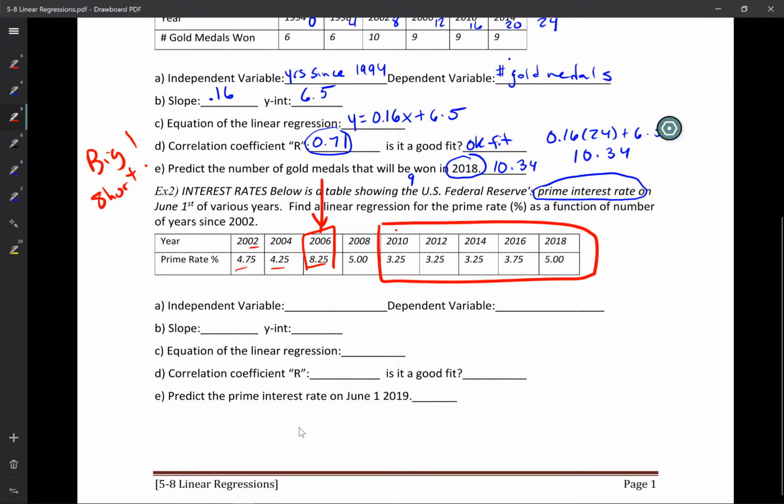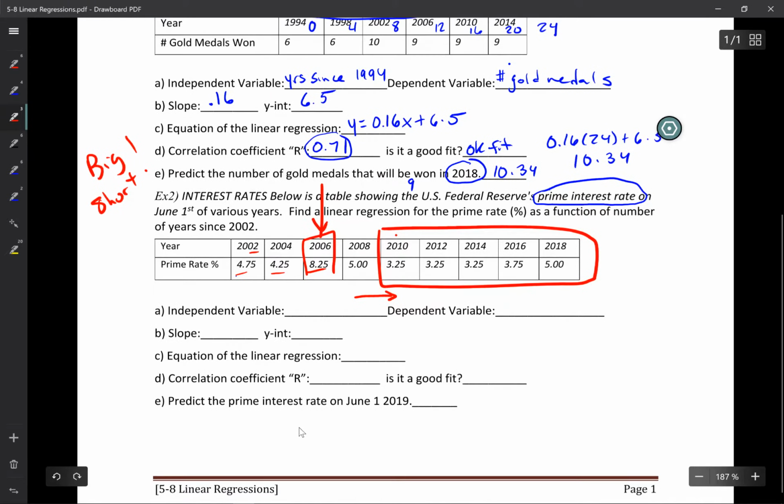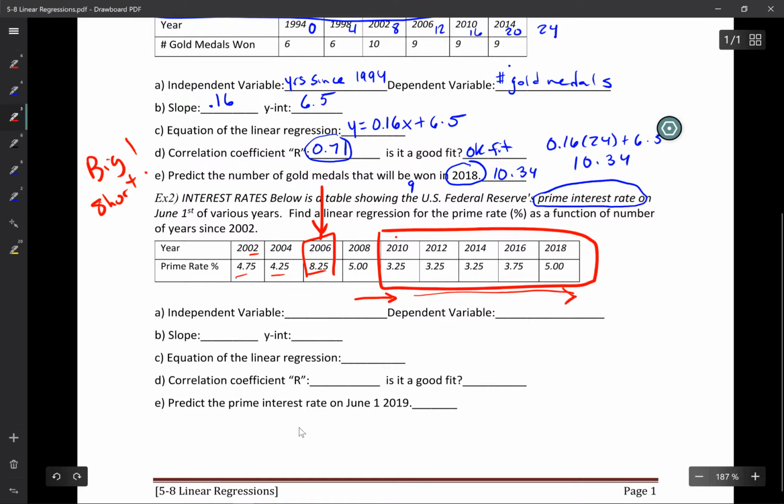So the banks got the houses back and lost tons of money when they foreclosed. Around 2010, it crashed, and then slowly but surely, the economy recovered. And by 2018, the prime interest rate was back up pretty decently, right? All right. So that's the data.